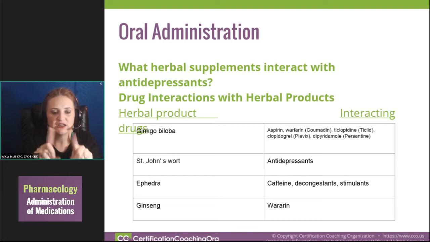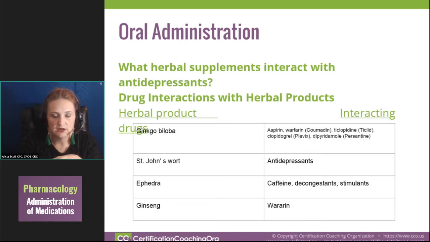Ask yourself, are you aware of different herbal substances that interact with antidepressants, for example? So for the herbal drugs, we've got ginkgo biloba, St. John's wort, ephedrine, and ginseng.